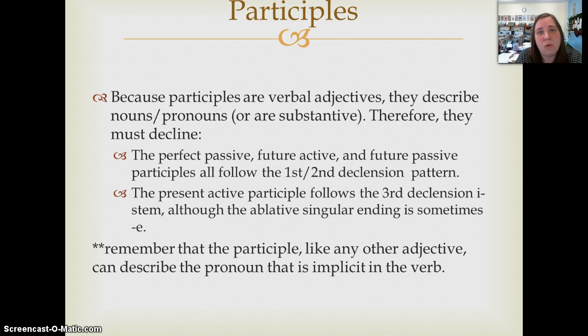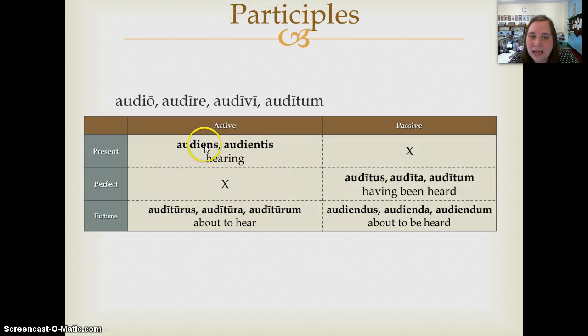E-I-E, O-I-O, so on and so forth. The present active participle, however, as you can tell, follows the third declension, I stem, although the ablative singular sometimes can end in an E. So again, audiens is the nominative singular, audientis is the genitive singular.